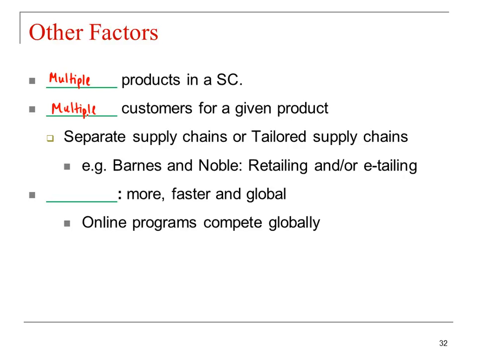For example, Barnes & Noble handles the supply chain for their internet business separately from their business in the stores, and competitors. We are moving to a faster and global type of economy. For instance, future online programs may be something that will catch up in education.